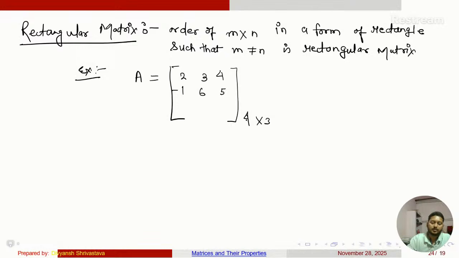Actually these are 4 cross 3 matrices. This is a 4 cross 3 matrix, a rectangular matrix.